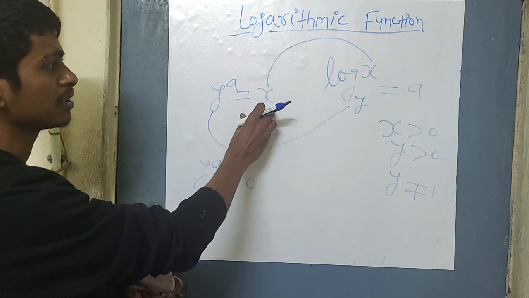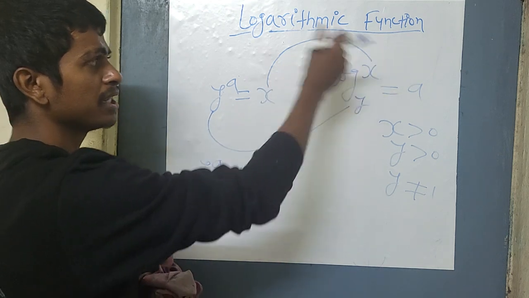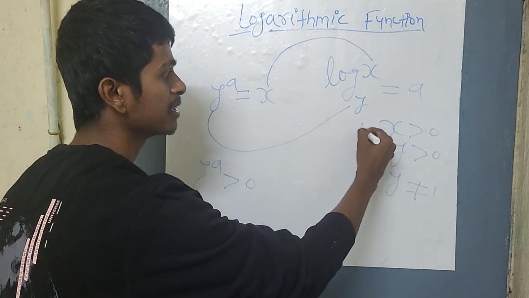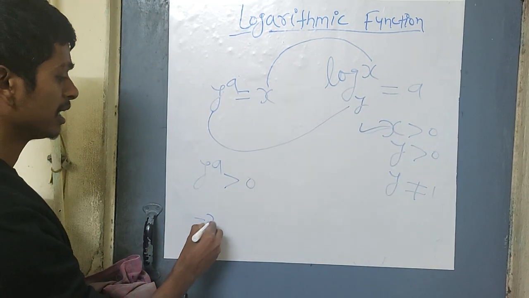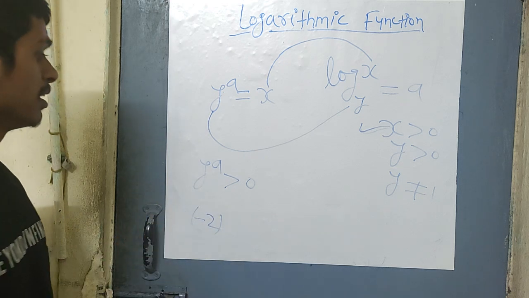That's why the output cannot be negative. So now this x is working as the input of this log. Obviously this x should always be greater than 0, and this y should also be greater than 0, because taking a negative base like -2 is problematic to calculate.